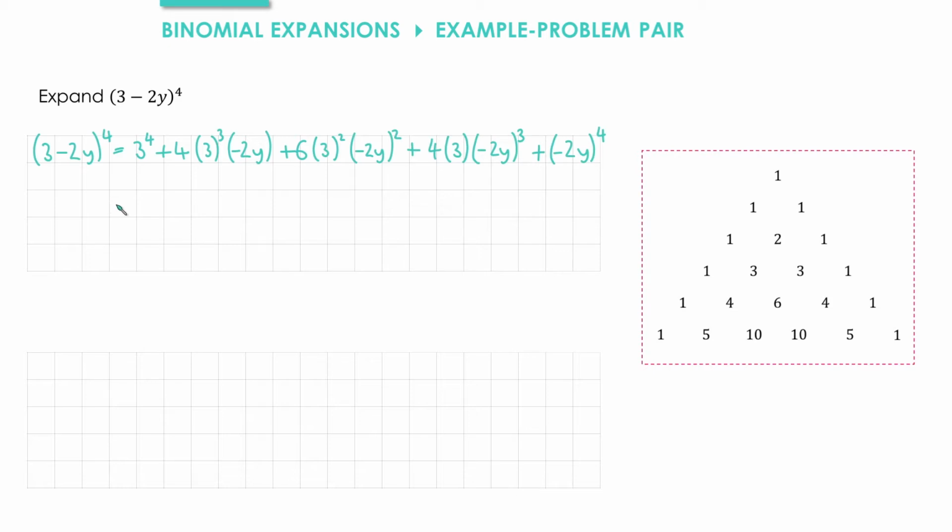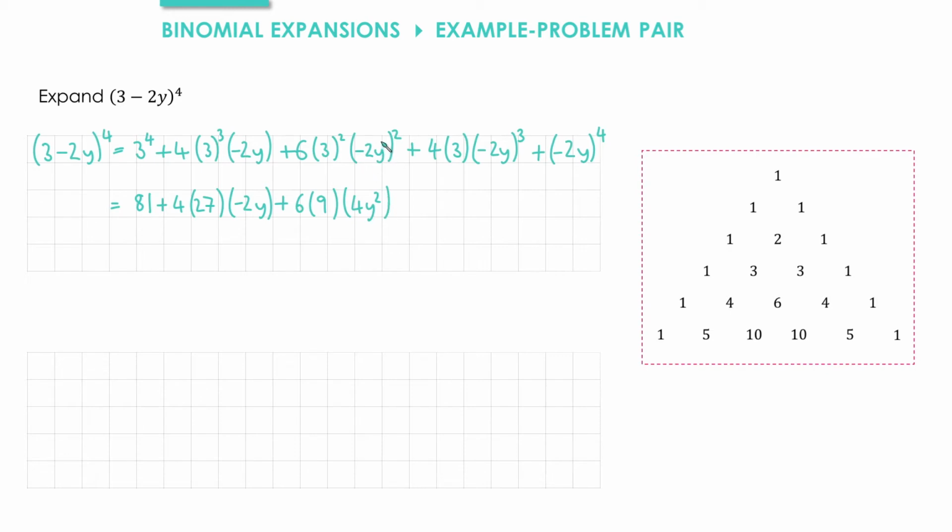Now we can simplify everything down. 3 to the 4 is 81. Then we have 4 times 27. And for now, we'll leave the minus 2y as it is. Next up, we have 6 times 9. And here we have (minus 2y) all squared. Well, when we square the minus 2, it will become positive 4. So we end up with positive 4y squared.